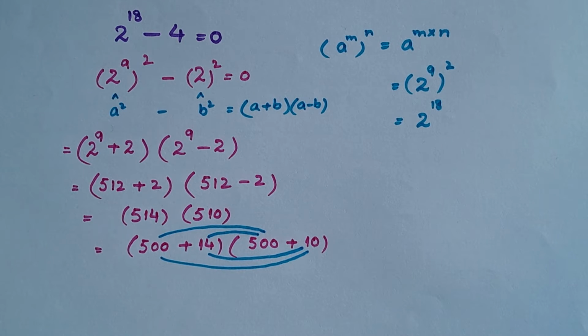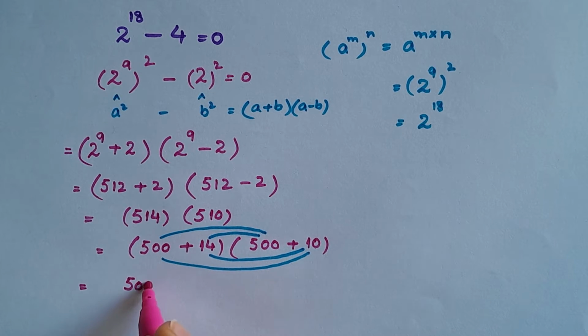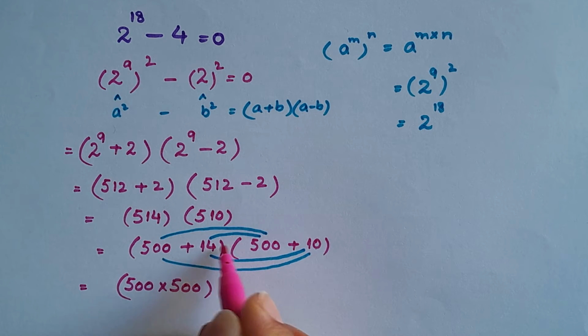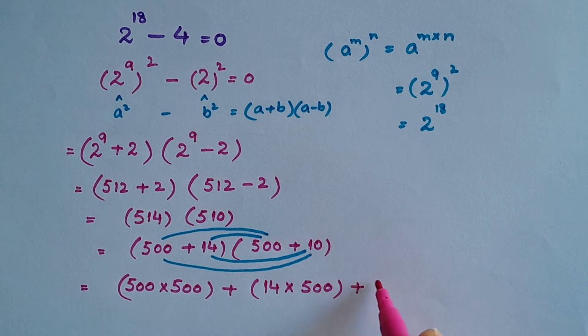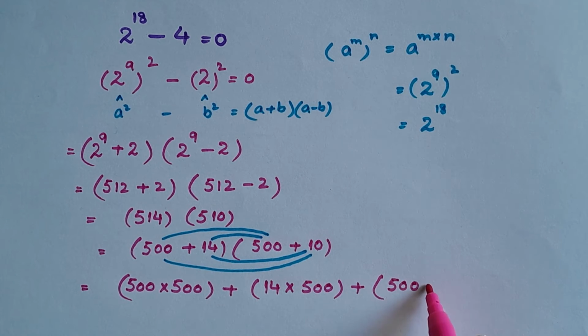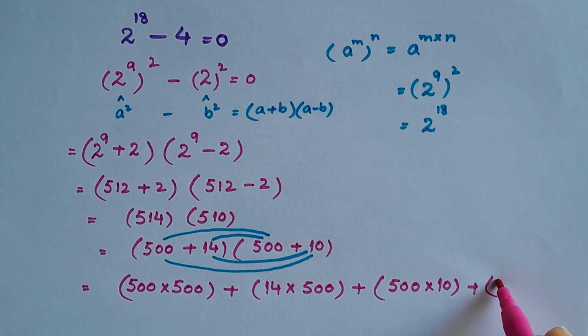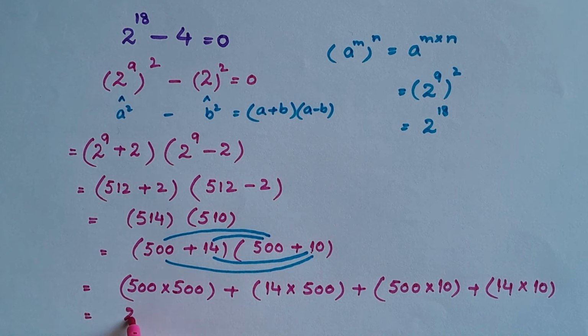Let's multiply. 500 multiplied by 500, plus 14 multiplied by 500, plus 500 multiplied by 10, plus 14 multiplied by 10. 5 times 5 is 25, and we have 2 zeros and 2 zeros, so 2,50,000.